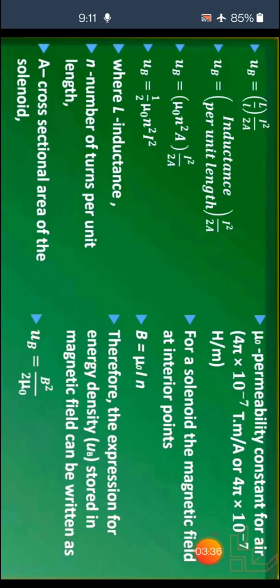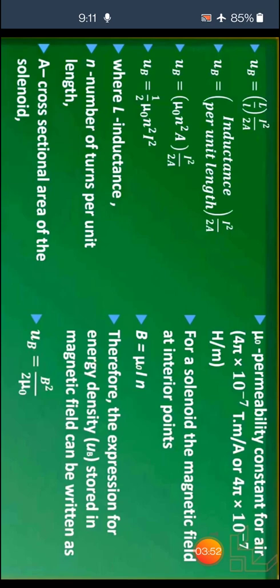For a solenoid, the magnetic field at the entire points in a solenoid is B is equal to mu 0 I n.